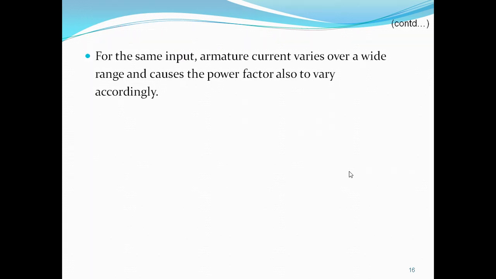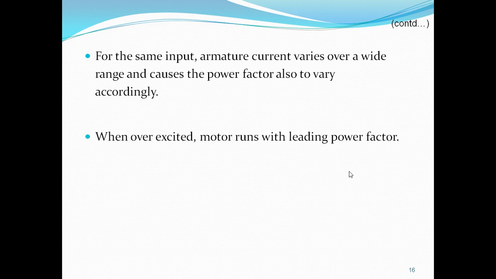So for the same input the armature current varies over a wide range of power factors. That means if we change the excitation, we can make the motor run at unity power factor, lagging power factor, and leading power factor.